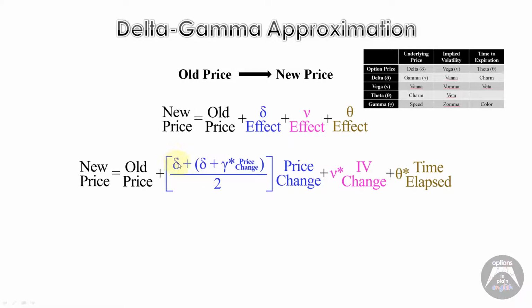So delta plus the change in delta divided by 2, so we get an average, and that we multiply by the price change, and we have the effect of delta on the new price.